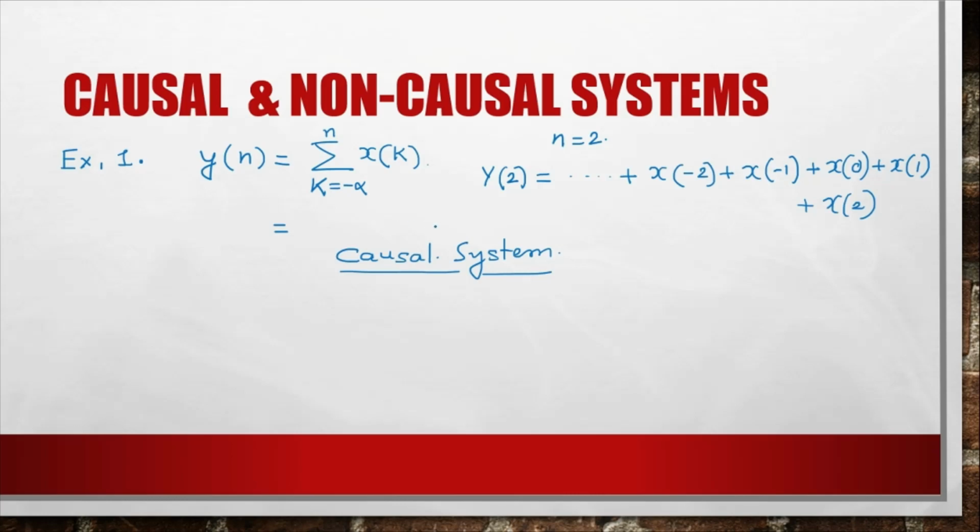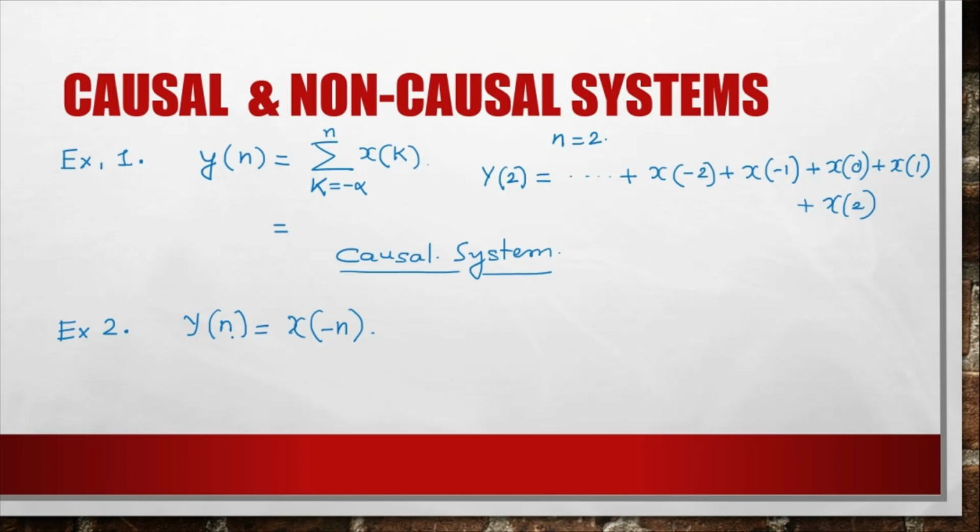Next, if we want to go for a system having the output equal to x of minus n, how will you understand whether this system is causal or not?